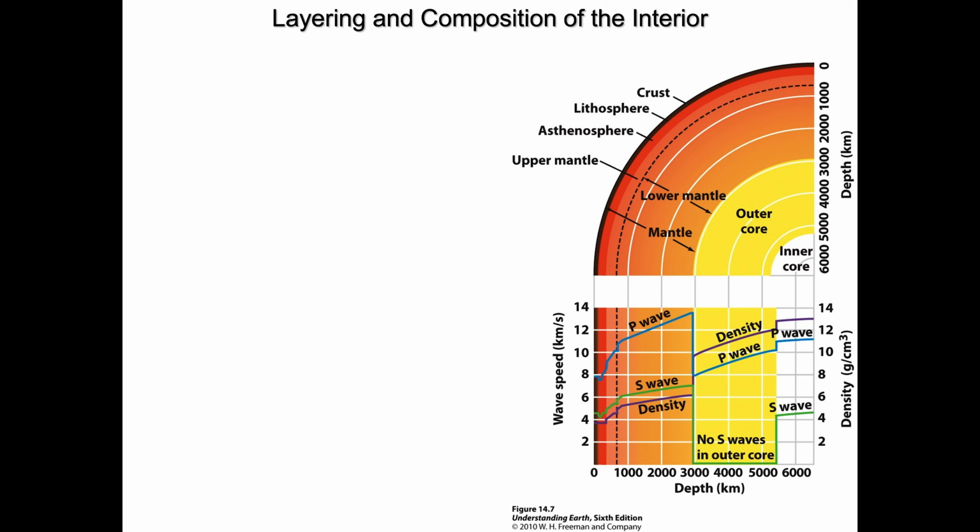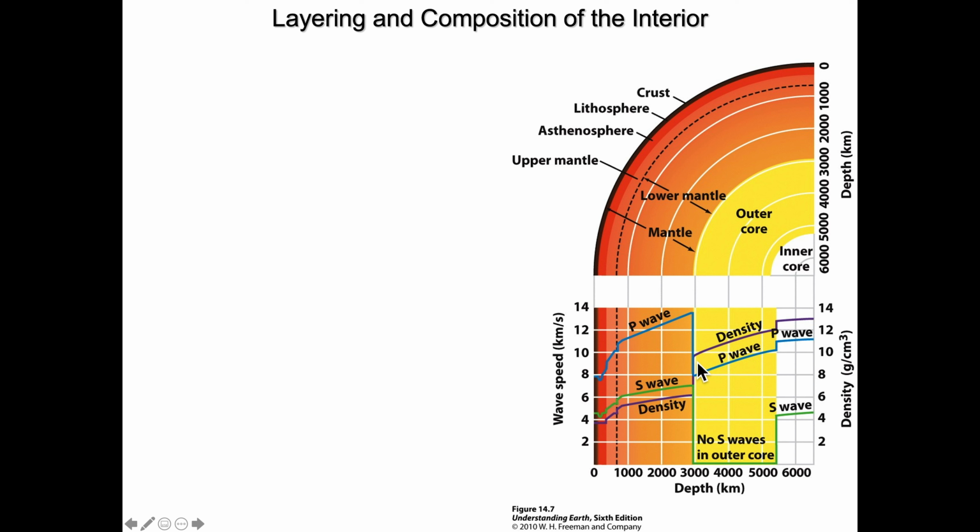We'll see a jump in density at the asthenosphere mantle boundary, another jump in density at the upper and lower mantle boundary, then a fairly uniform increase in density until we hit the liquid core. We change phase from plastic to liquid, but our density goes way up. And because the density goes way up, the speed is going to increase.